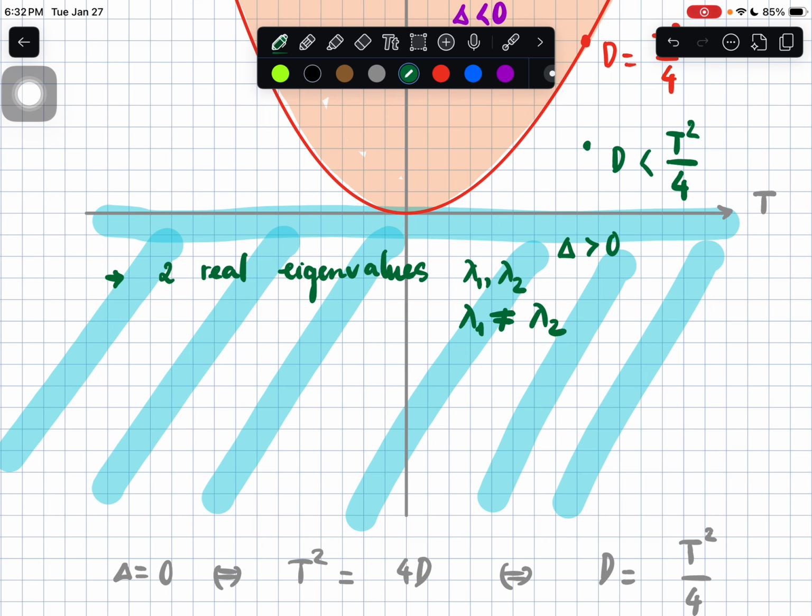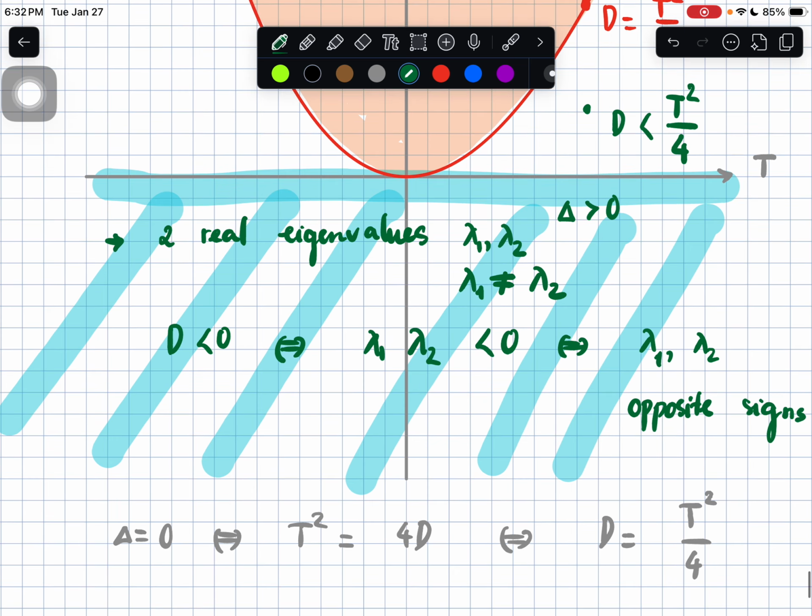That's the first thing. Second thing, we know that determinant, or in this case we call d, is negative. The determinant is a product of two eigenvalues. Lambda 1 times lambda 2 is negative. This means that lambda 1 and lambda 2 have opposite sign, so one positive and one negative.